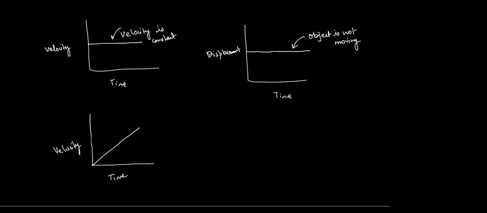This is indicating that the object's velocity is changing with time. The velocity with time is constantly increasing. So we can say that it is uniformly accelerated motion.